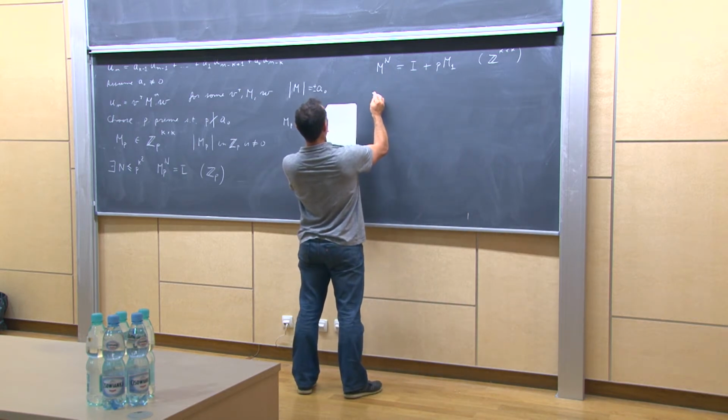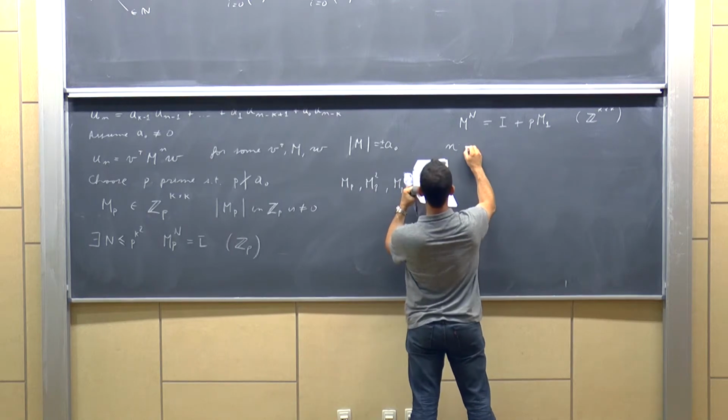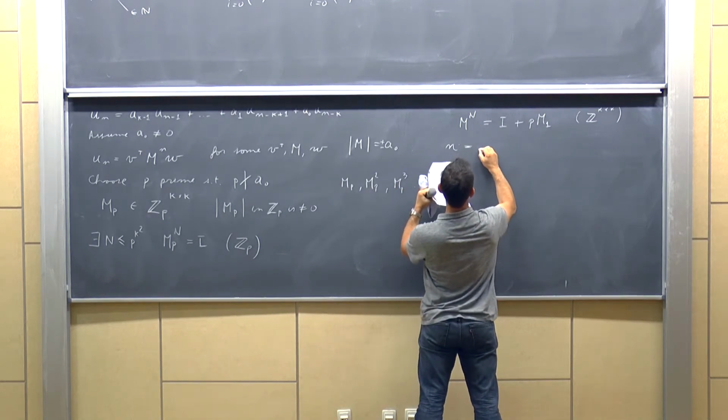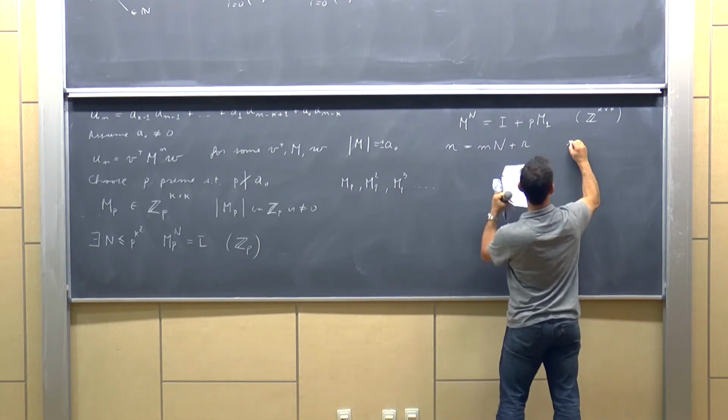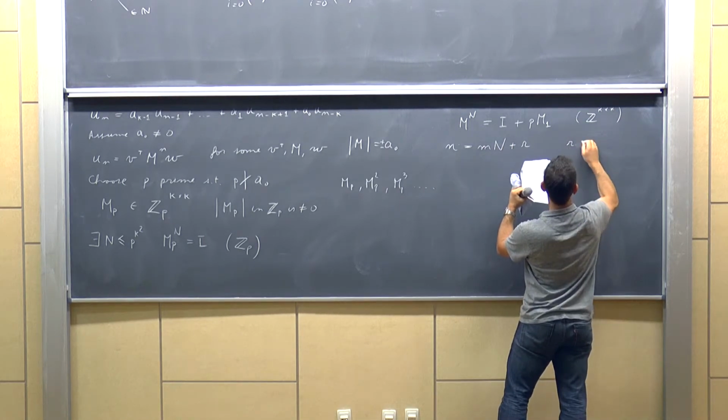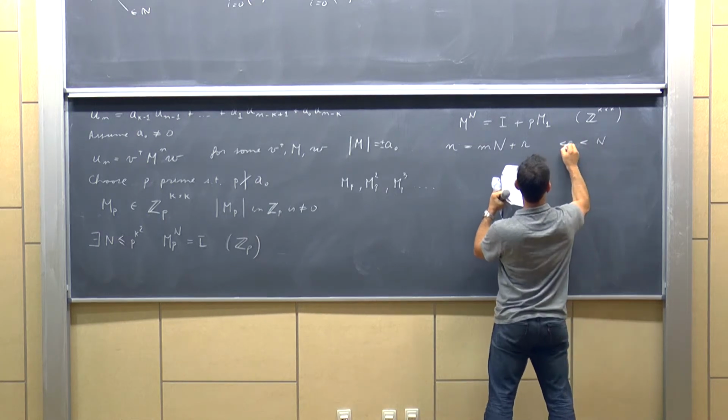So what do we have? Take an integer N and write it as m times n plus a remainder r, where r is less than n.